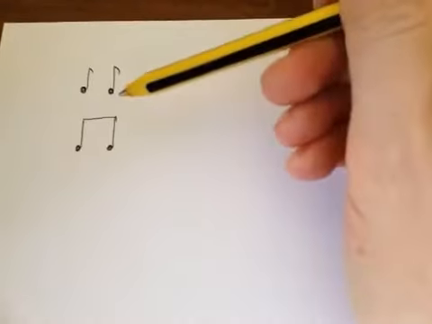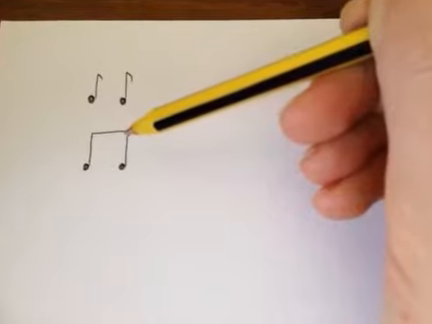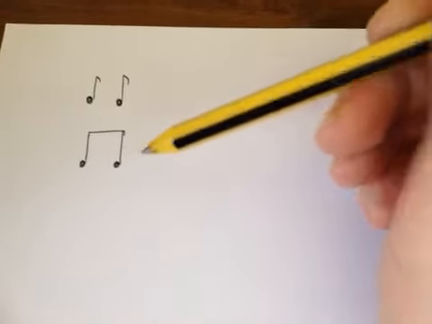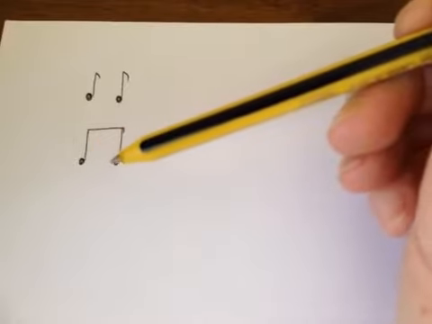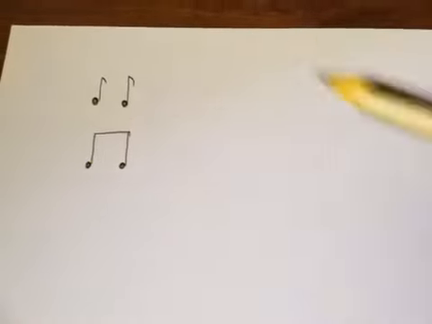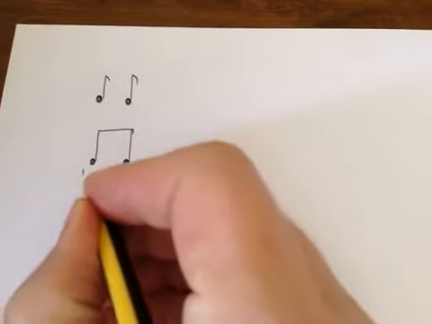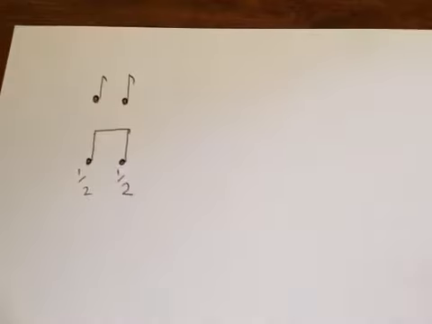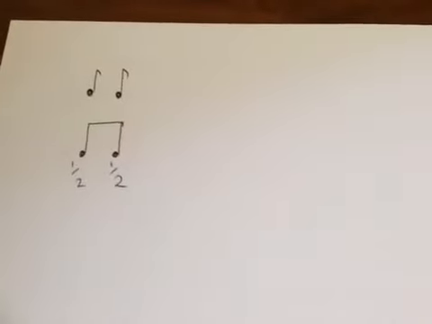And when you draw a line which connects two notes together, that's called a beam. So in today's lesson, we're going to see two quavers written side by side like that are beamed together. They're still worth half a beat each.